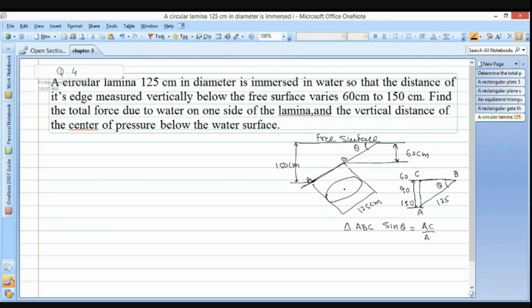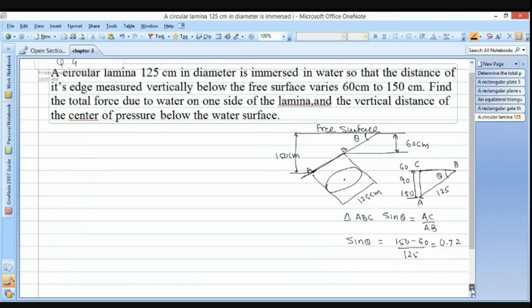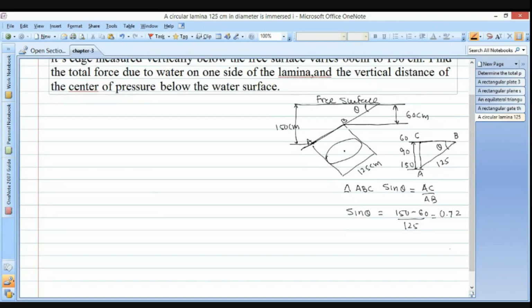AC is 150 minus 60, so we get 90, and AB is the diameter of the circle, that is 125. So we get 0.72. If we take the inverse sine of this value, we get theta, that is 46.05 degrees.